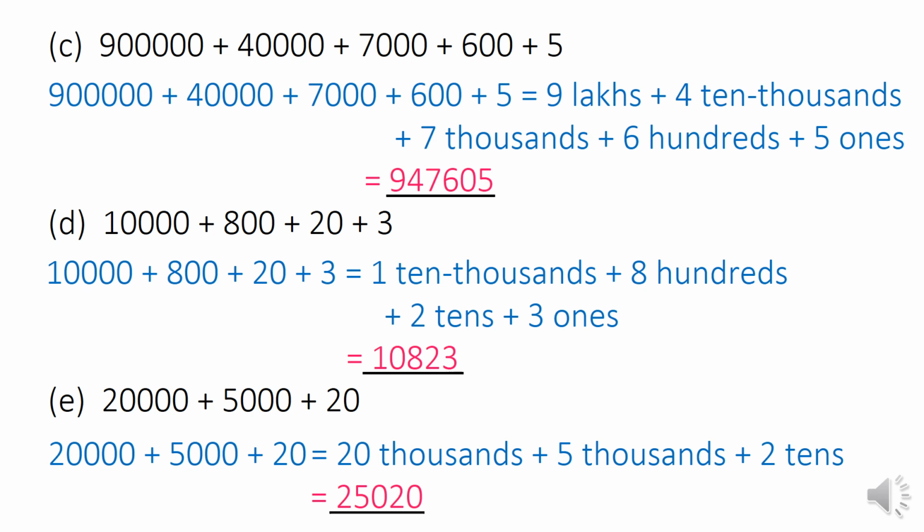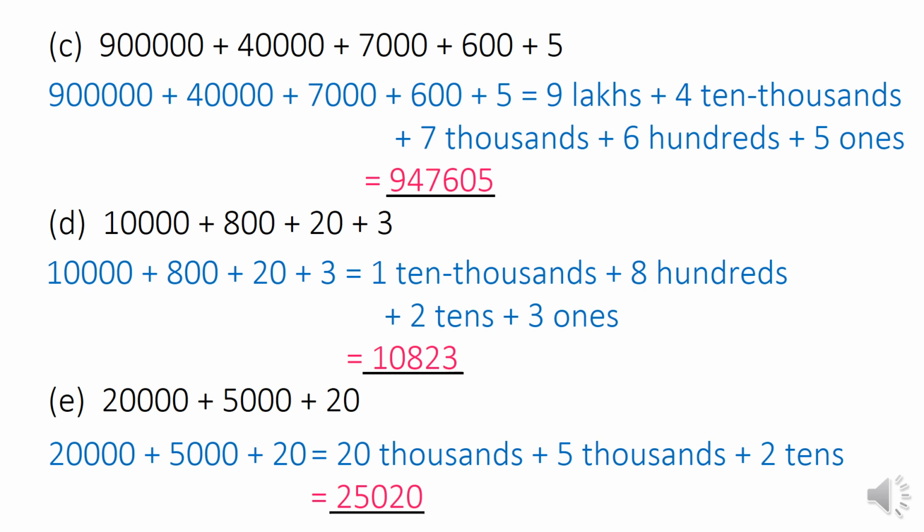In this question, no number is given in tens place. So write 0 in tens place. So the short form of 9 lakhs plus 40,000 plus 7,000 plus 600 plus 5 is equal to 9 lakh 47,605.